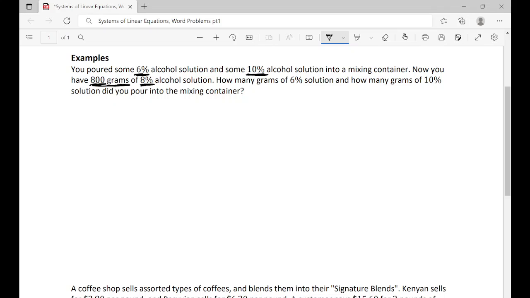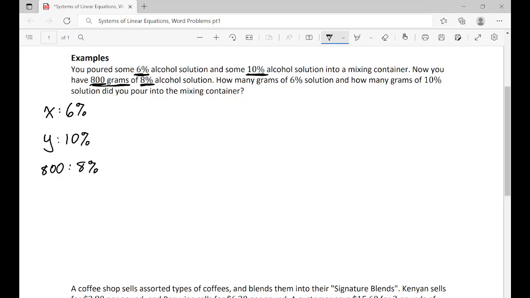I'm going to let X be our 6% solution, and I'm going to let Y be my 10% solution. And I know that when I mix it together, I'm going to have 800 grams of an 8% solution.